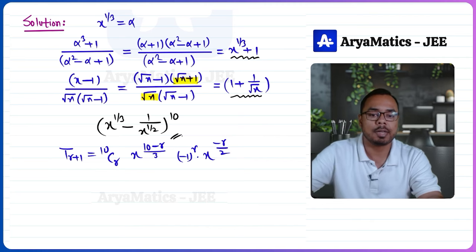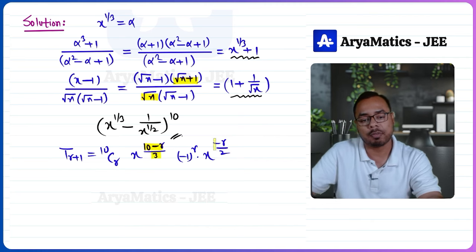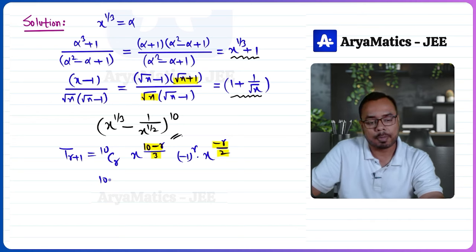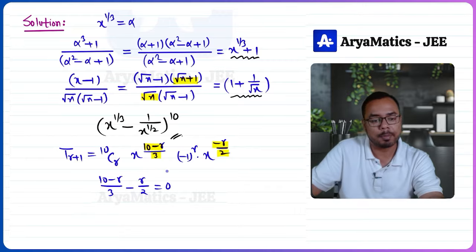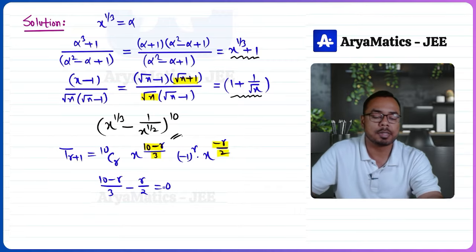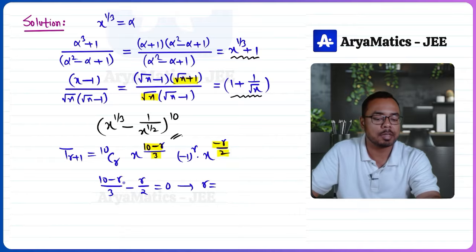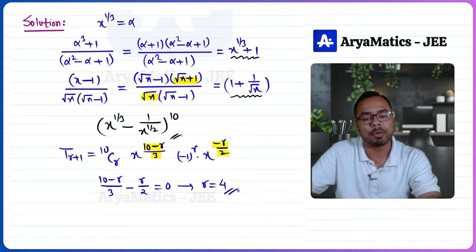Now, if I need the constant term, then we have to equate the exponent of x to 0. And the exponent of x will be (10 minus r)/3 minus r/2. If I combine these two exponents, this is what we'll get. After solving this, we can cross multiply. So 20 minus 2r will be 3r, 5r will be 20, that means r is 4.